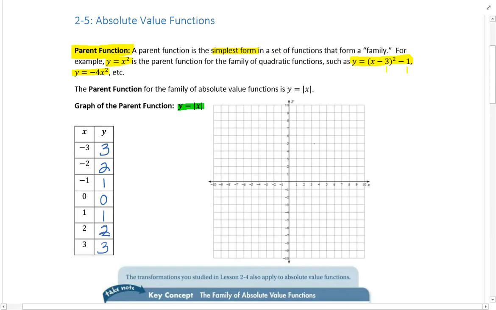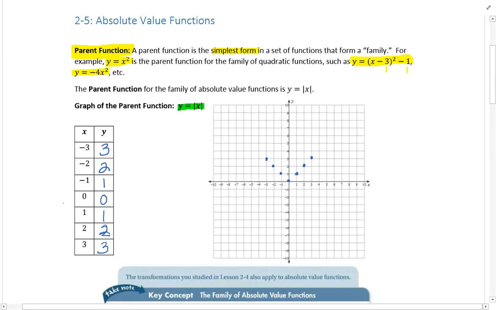Okay, so now let's plot our points. Negative 3, 3 would be over here. Negative 2, 2. Negative 1, 1. 0, 0. So far it just looks like a line. And then 1, 1, we go back up again. And then 2, 2, and then 3, 3.